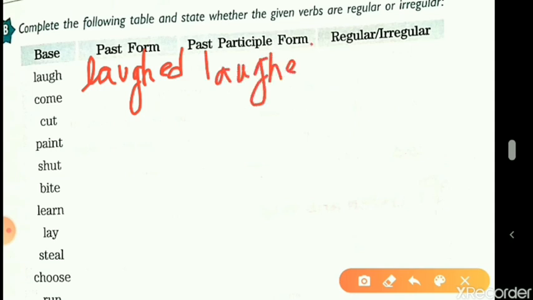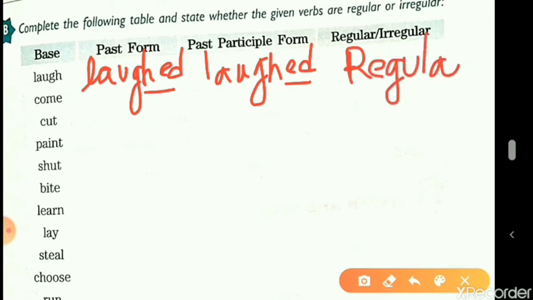In this, we just had to add ed to the past tense and past participle to change its form. Such verbs, in which we add ed to the past and past participle form, are known as regular verbs. So, laugh, laughed, laughed, these are regular verbs.